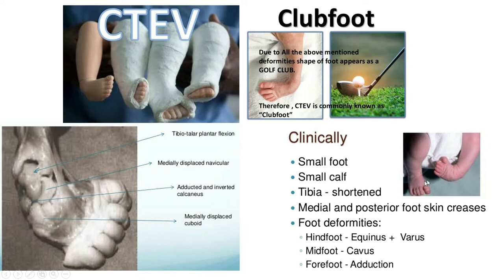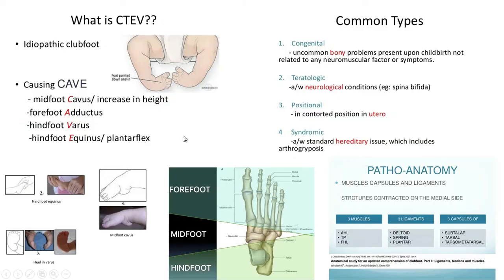And before going into details, I want to elaborate regarding the foot anatomy. Otherwise, you cannot understand properly the deformity and the pathoanatomy also. Generally, abnormal foot, if we draw some line, this is called forefoot.